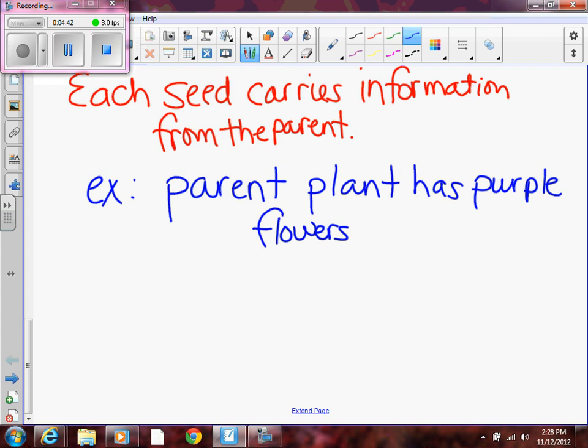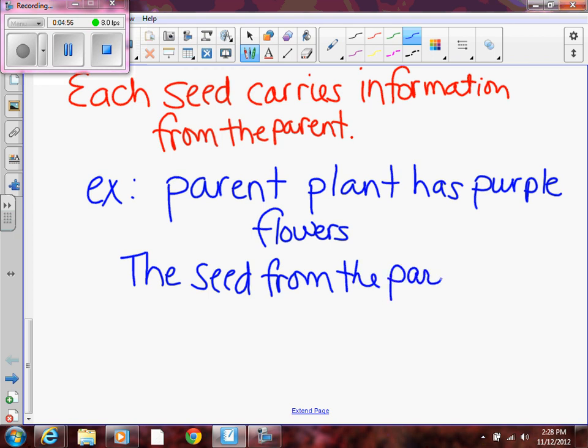Purple. Okay? So the parent plant has purple flowers. The seed from the parent will grow purple flowers too.